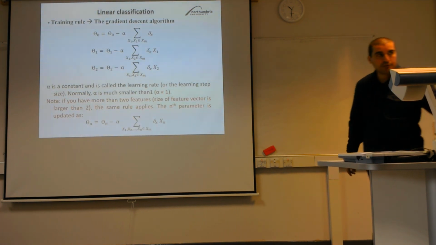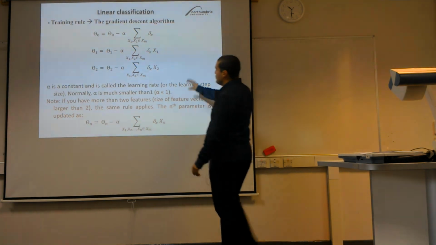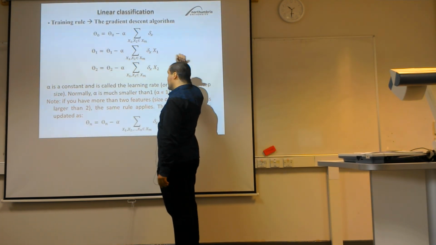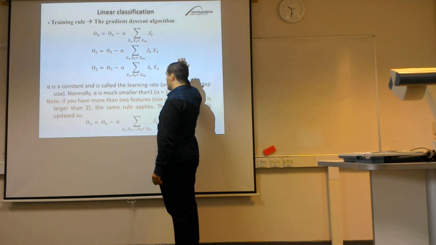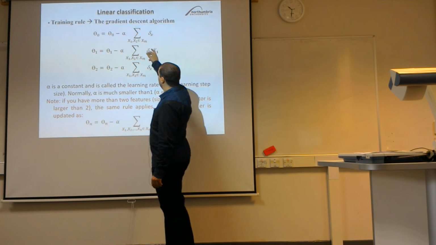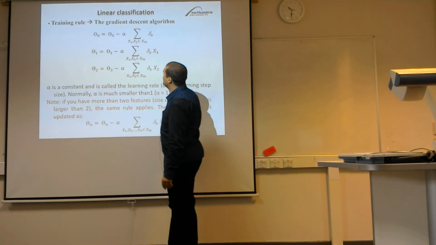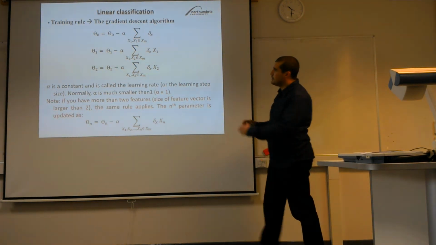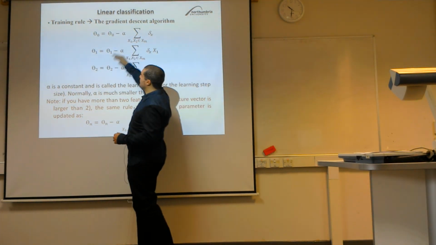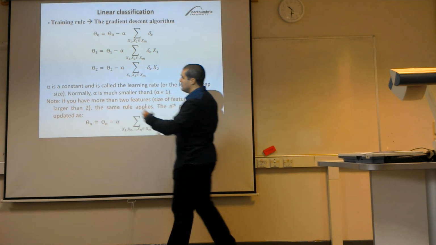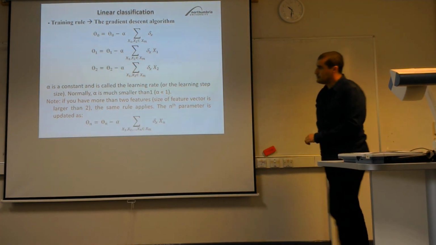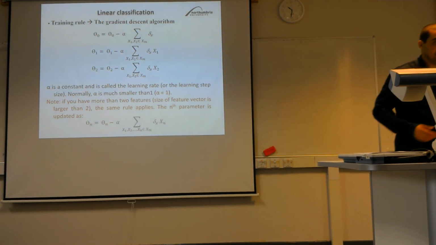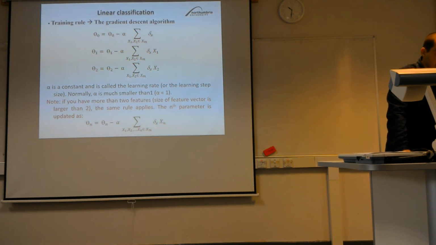Now, the update of these parameters is very similar to what we've seen in linear regression. Of course, we will use delta x. Delta x depends on the target output. So we can either increase or decrease the parameters in order to get the best linear separator.